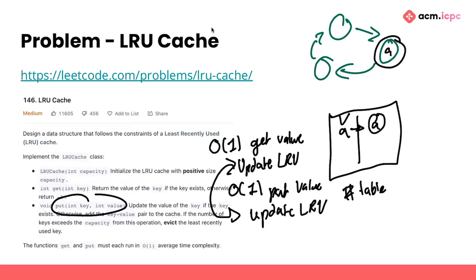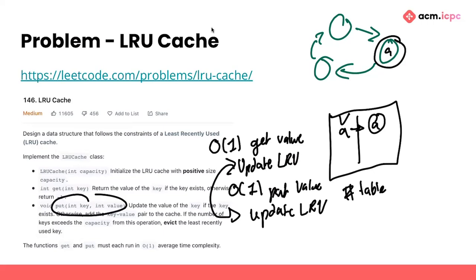So once we have the node in the hash table, we can do all of those update operations just using pointers. And we know that has to be O of 1. Is that clear? Yeah.